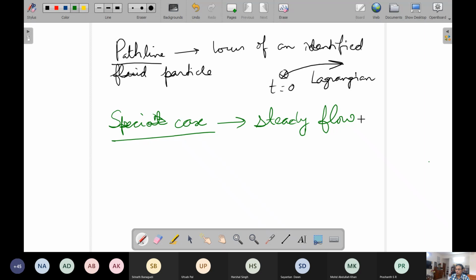So the steady flow means what? Steady flow means that at a given location the velocity is not changing with time. So let us say that you have a streamline passing through this point of dye injection, say Pi.